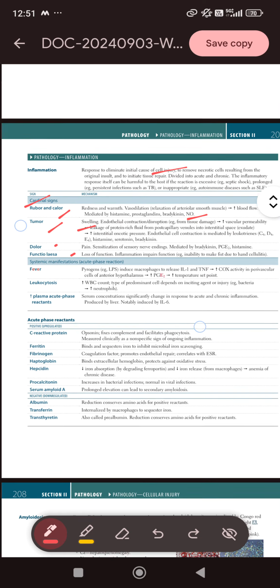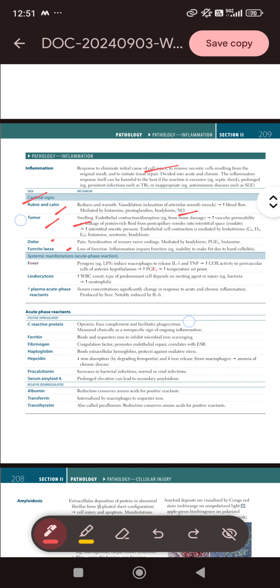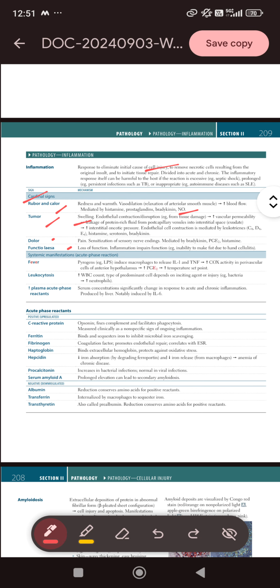For acute manifestation, fever: pyrogens, interleukin 1, TNF, COX increasing activity, PGE2 increases the temperature set point in the hypothalamus. Leukocytosis, increased WBC count, because of the infection, okay, we know about it.